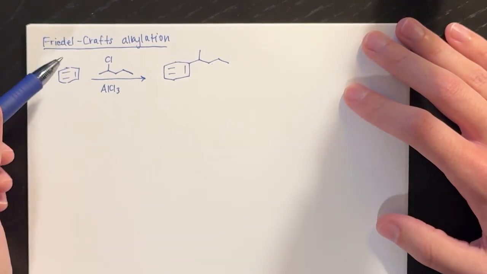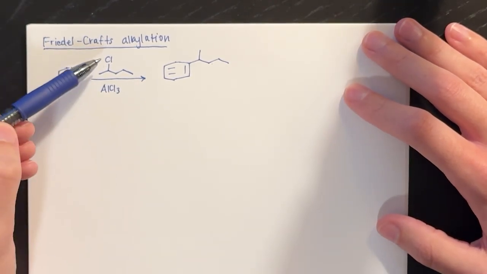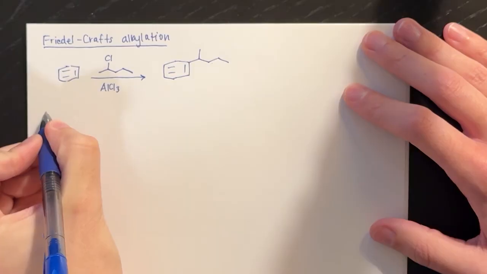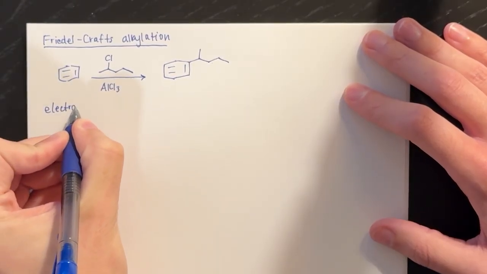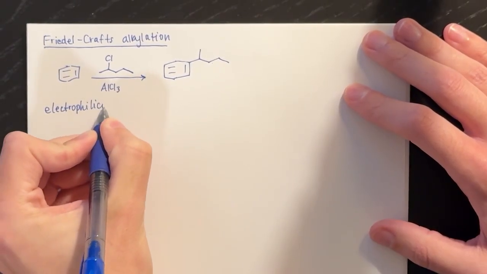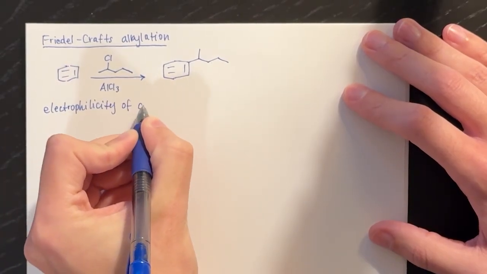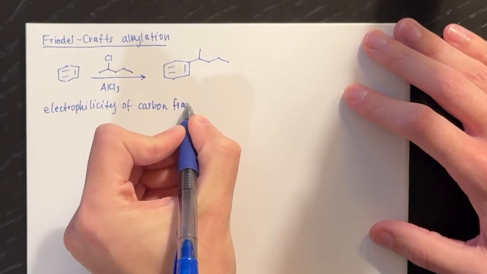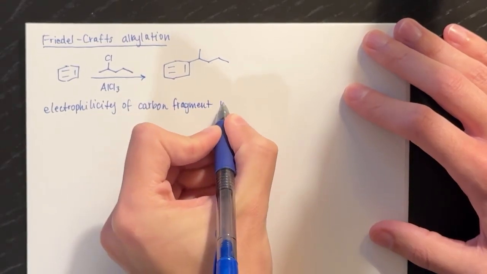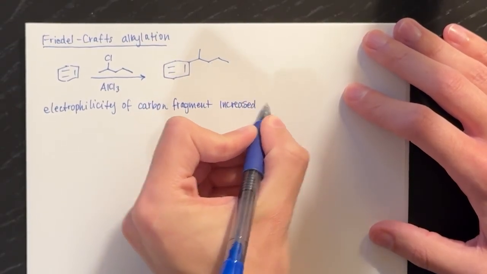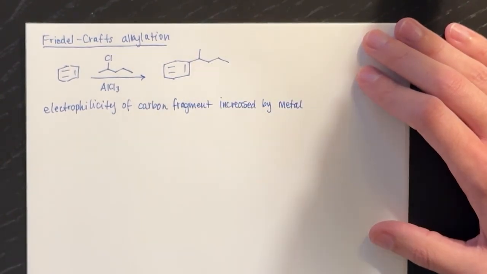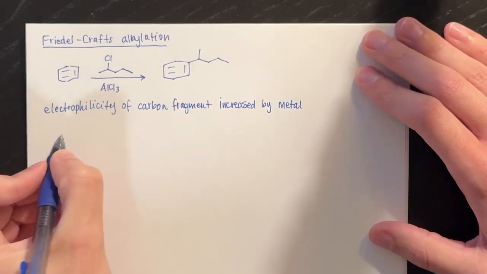In the same way that in the halogenation reactions, the electrophilicity of the halogen is increased by the metal catalyst, the electrophilicity of the alkyl group, or the carbon fragment, is increased by the metal. Okay, so how does that work?